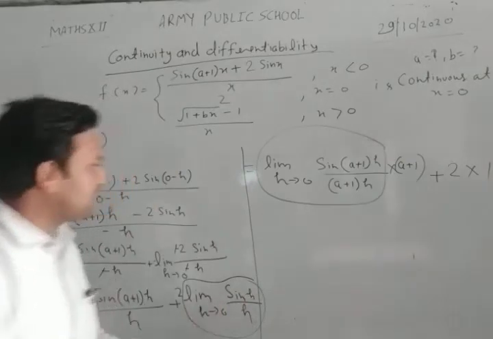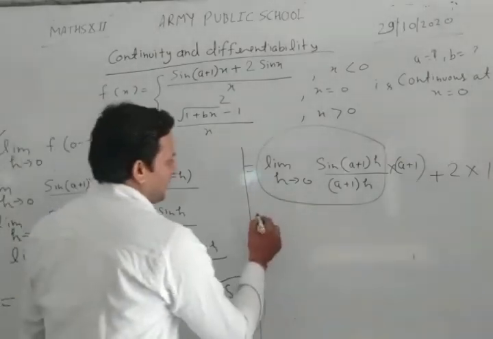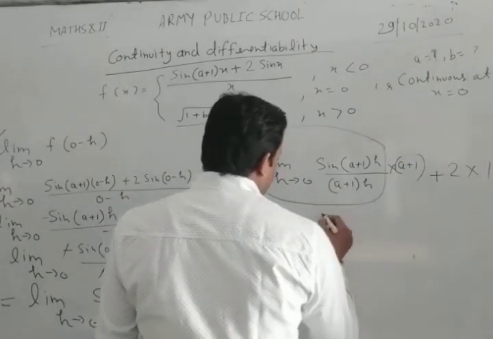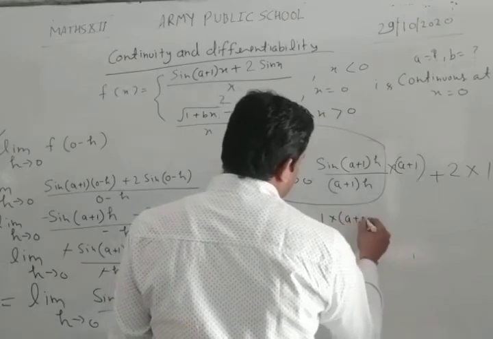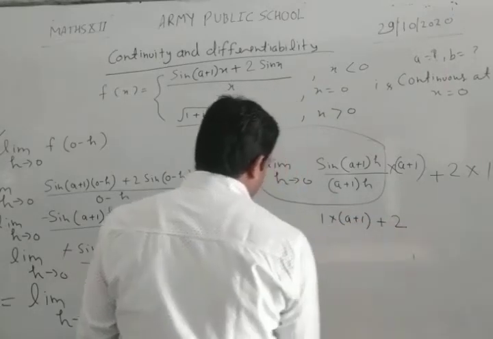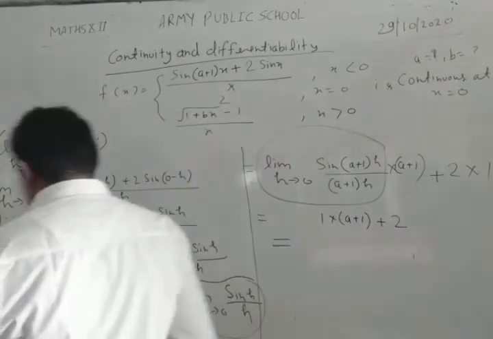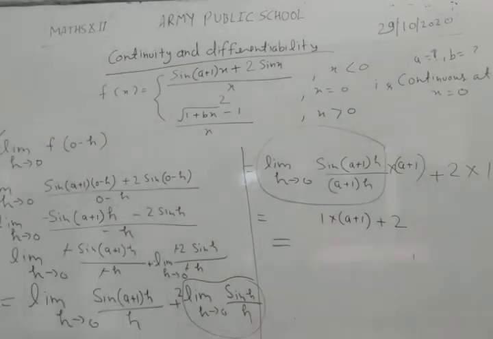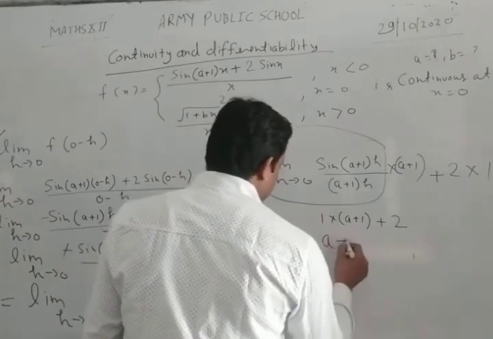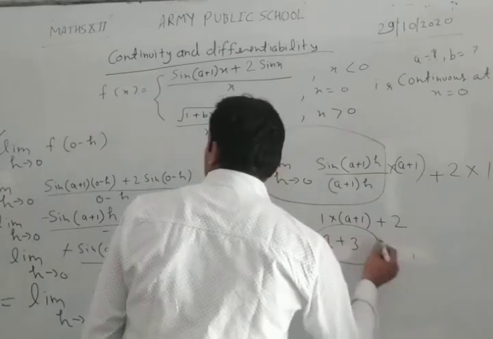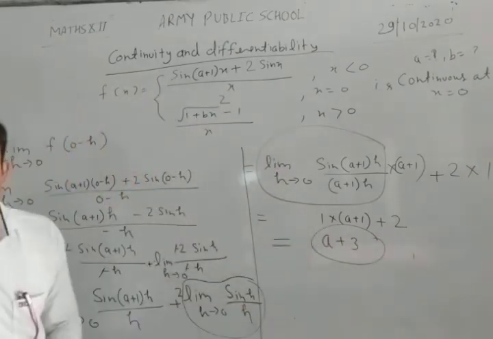The value of this is 1, and this is 2 into 1. So 1 into (a+1) plus 2. After solving, we get a + 3. So this is our left hand limit which we have calculated.